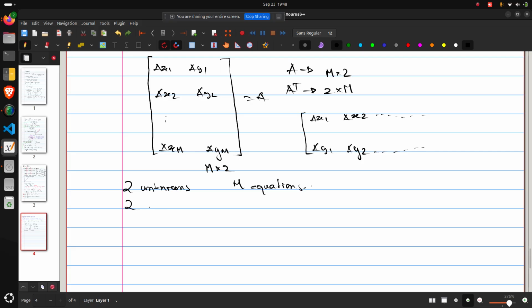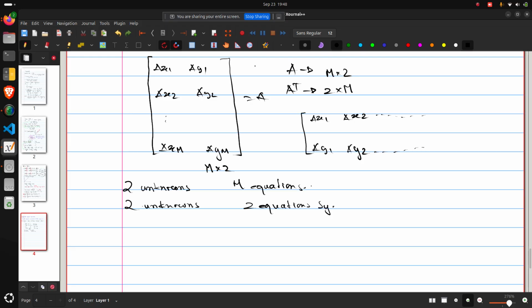So we later want to cast this problem in terms of minimizing the square of the total residual, and we want to convert it into a two unknown and two equation system, right?